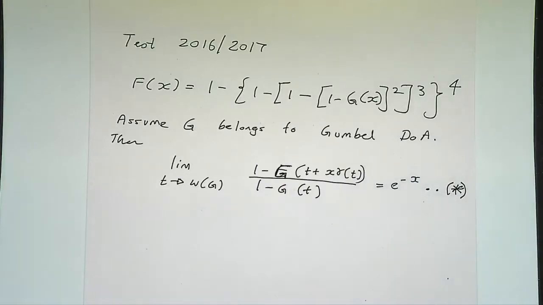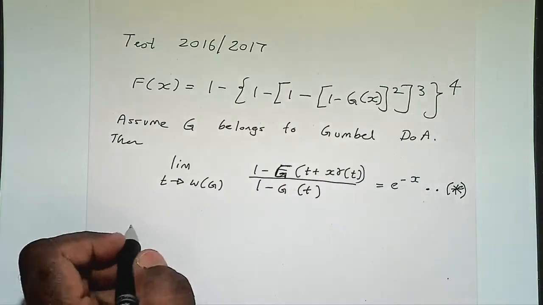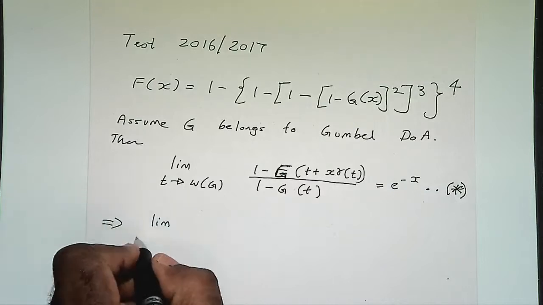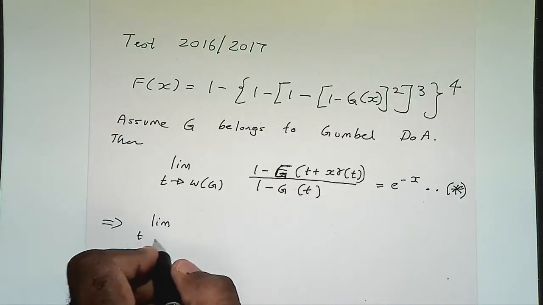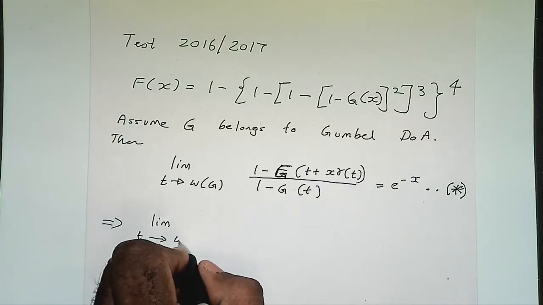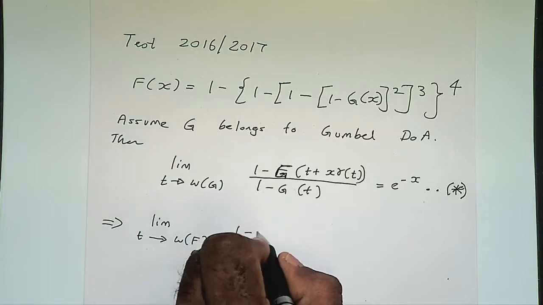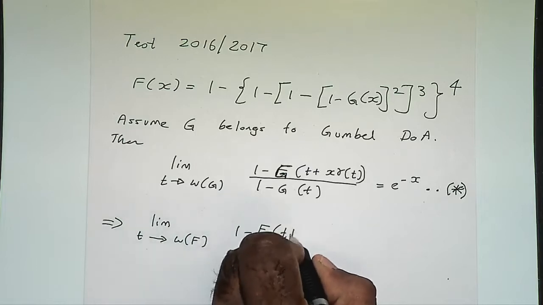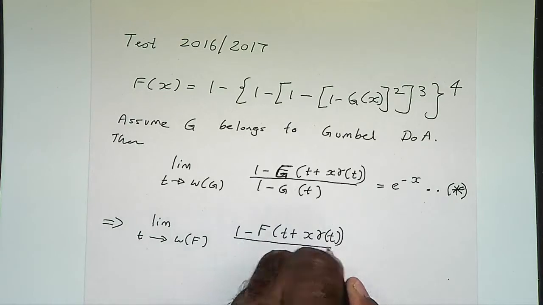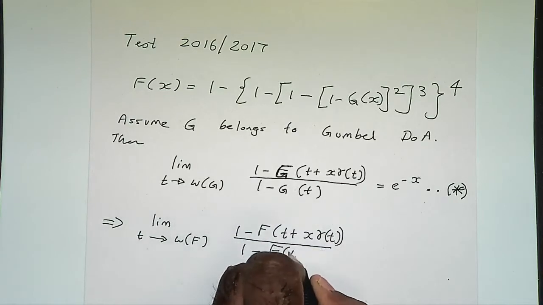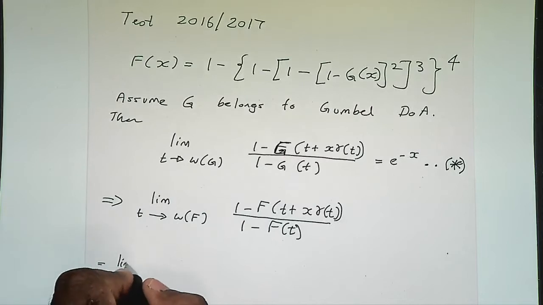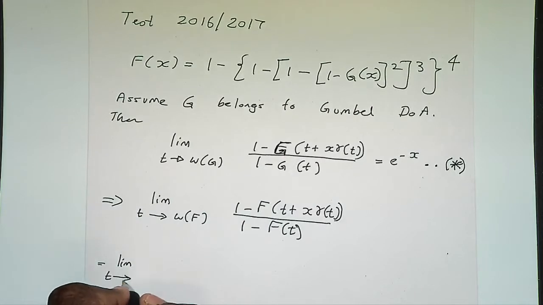Okay. All right. Now, so what this implies is that the limit as... Okay, now I'm going to replace W of f by W of g in the first line.